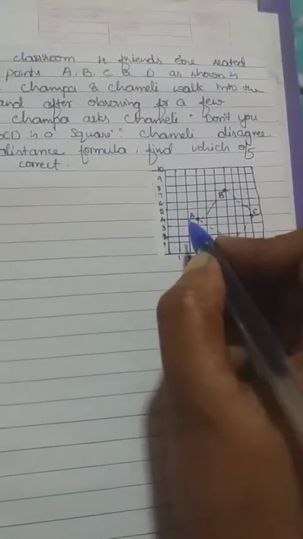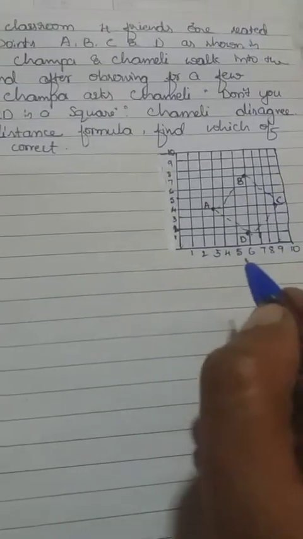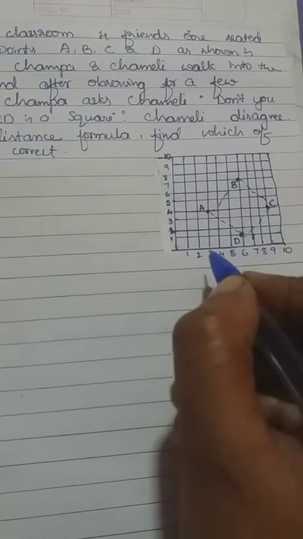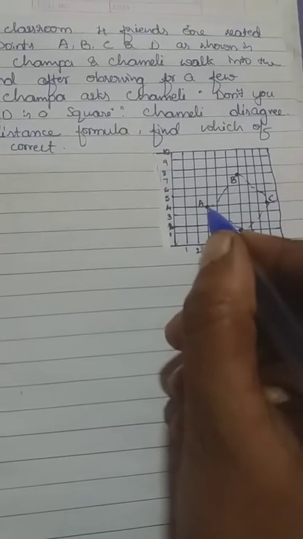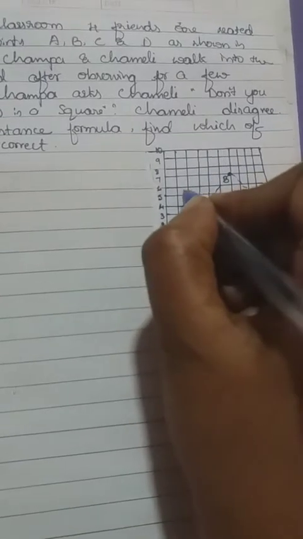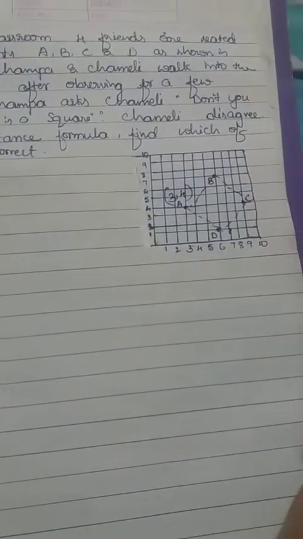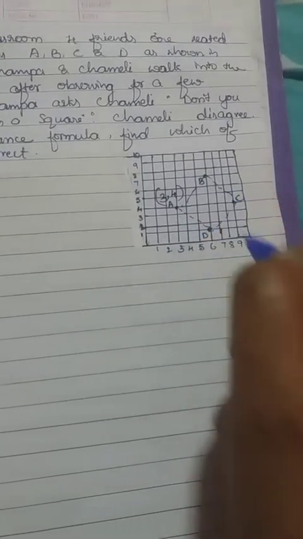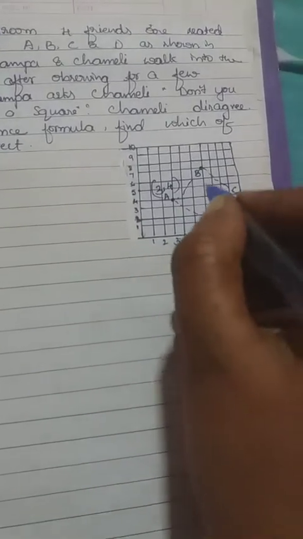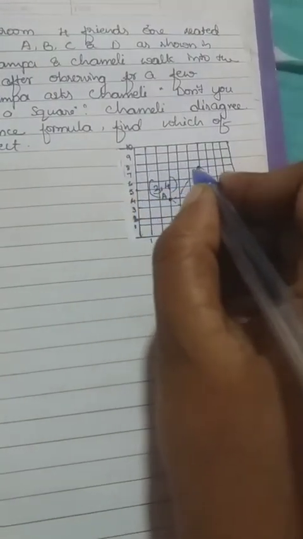Students, you have to mark first which are the coordinates of A, B, C and D. Then it is easy for you. The coordinates of A, meeting in a graph sheet, are 3 on the x-axis and 4 on the y-axis. So A point we can write as (3, 4). Note that down. And B is 6 on the x-axis and 7 on the y-axis.